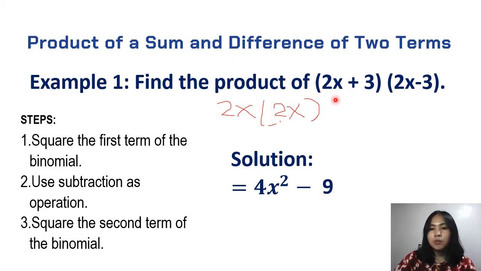When you see the same numbers but different signs, always follow these steps. We square the first term, use subtraction as an operation, and square the second term. That's why the product of 2x plus 3 multiplied by 2x minus 3 is 4x squared minus 9. That simple. So, remember these steps.